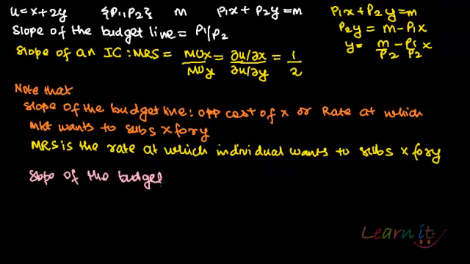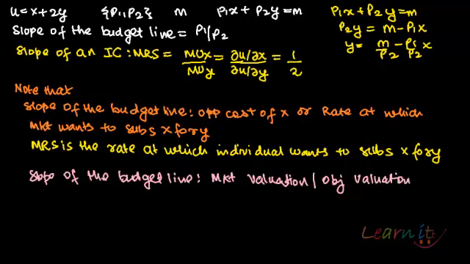Slope of the budget line is actually the market valuation. Okay, it is the market valuation or objective valuation. While MRS is subjective valuation.